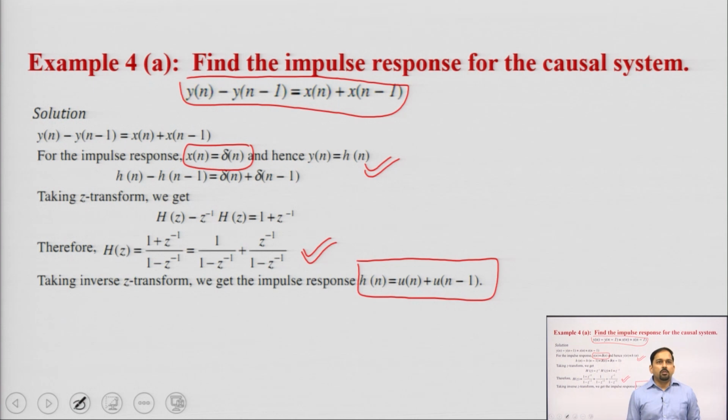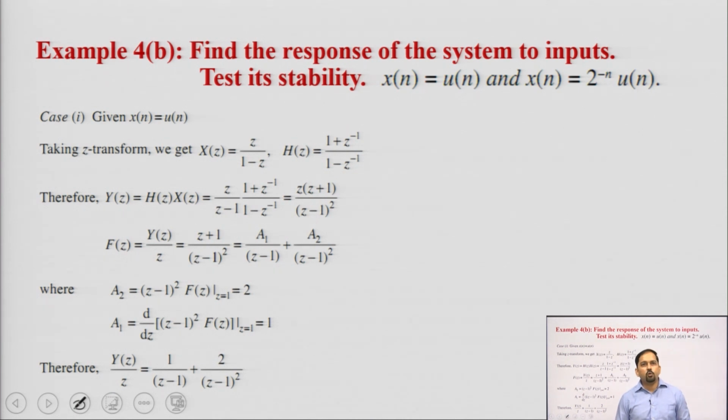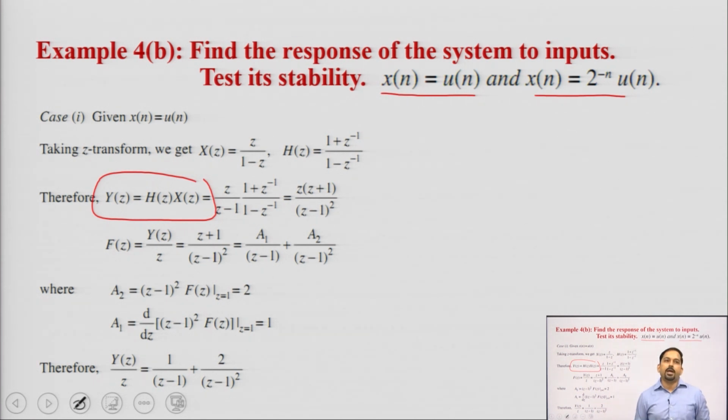So, we can check the stability also depending upon the inputs. We have two inputs available and we need to check whether the system is stable or not for both inputs. We can check by this particular equation, Y(z) equals H(z) multiplied by X(z).